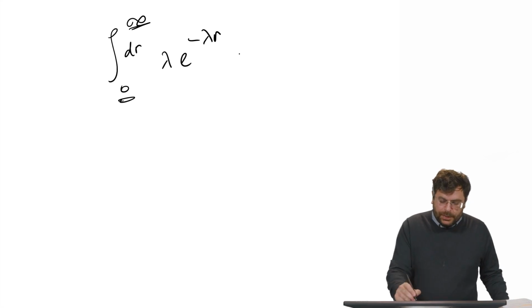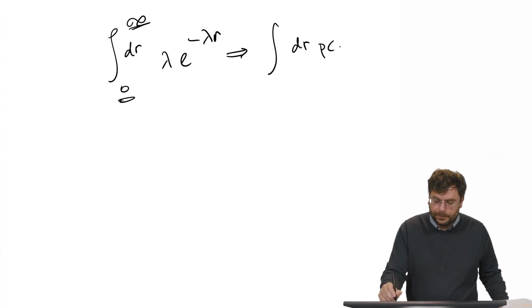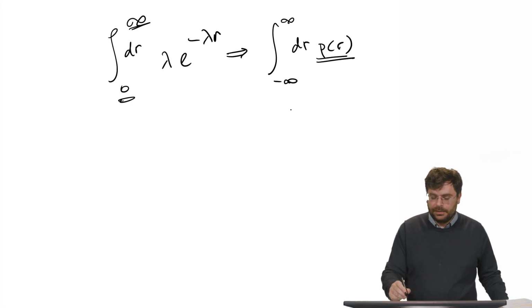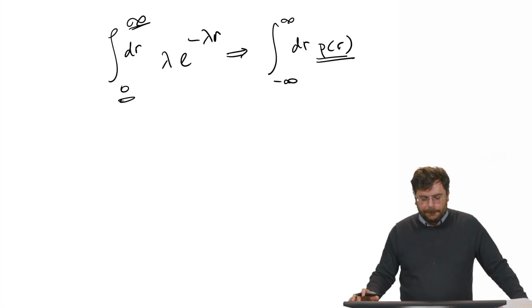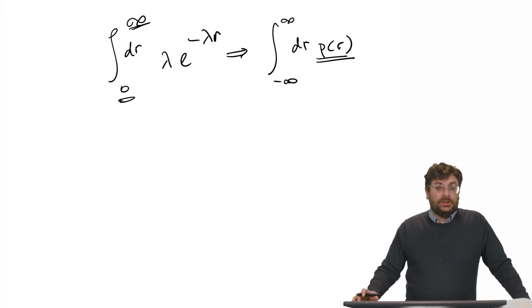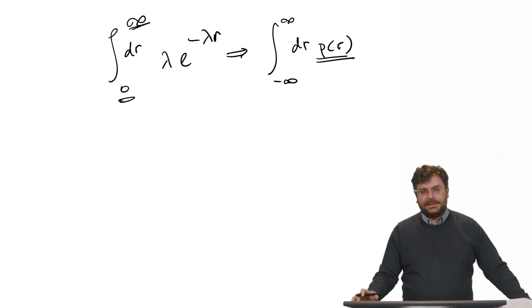But if I choose to write it more generally as dr p of r, then I can integrate from minus infinity to infinity knowing that p of r is 0 for values from negative infinity to 0. Just a small point.